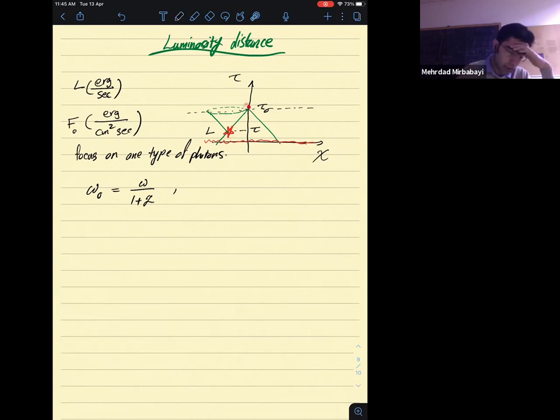So the rate here and the rate at a later time are related exactly like a frequency. Rate is a frequency. So therefore, if I talk about the rate of the emission of photons at time 0, that will be the original rate divided by 1 plus z. So remember, rate is just like frequency.